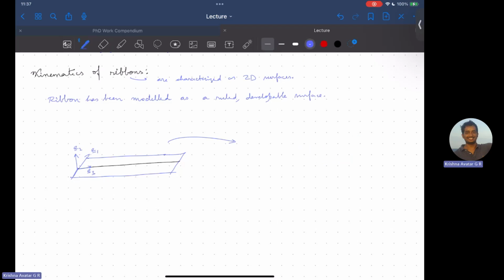So we have D3, D1, and D2, because of course we'll be mapping it to some local coordinate frame, right?